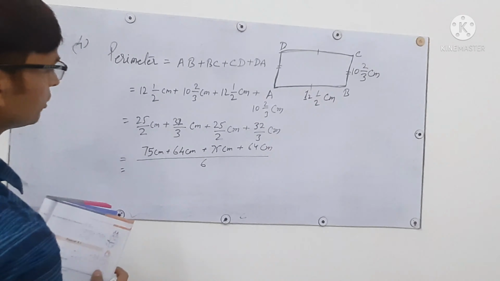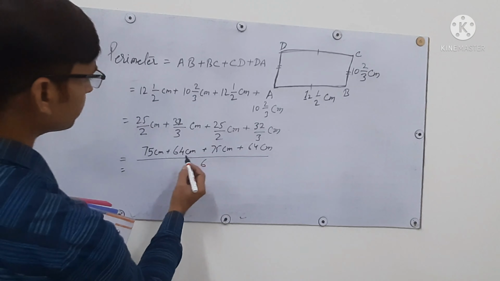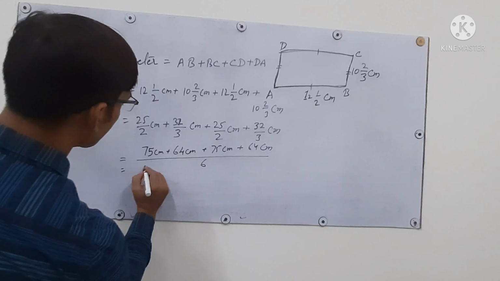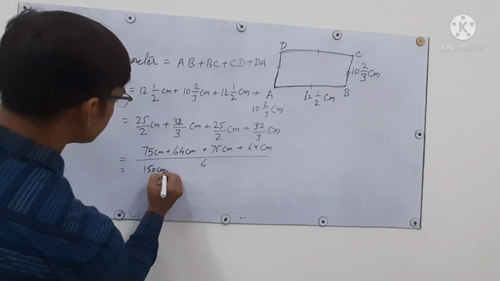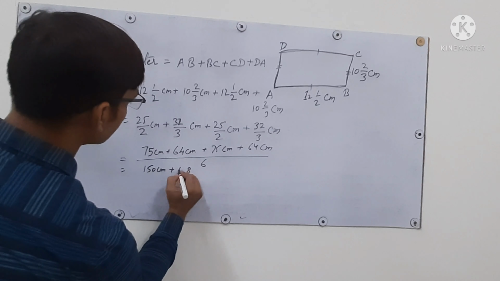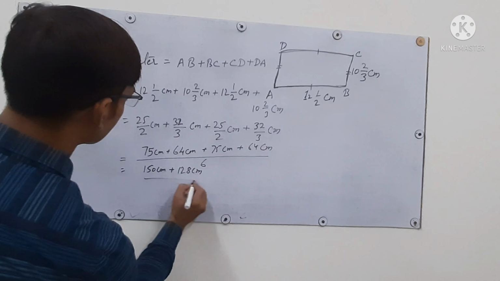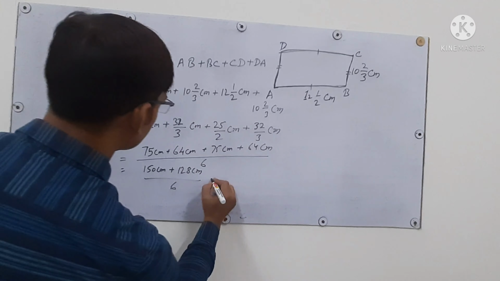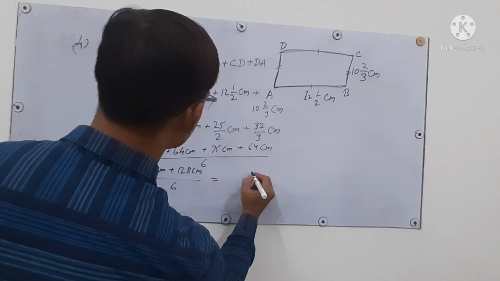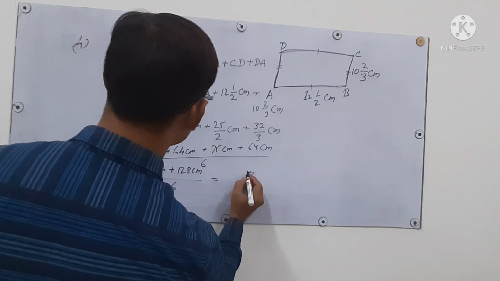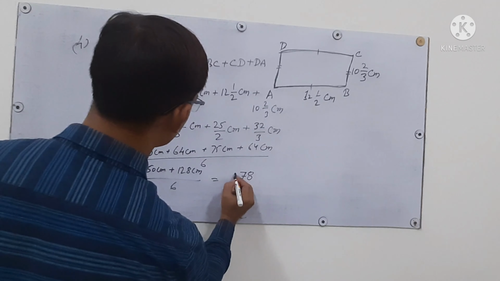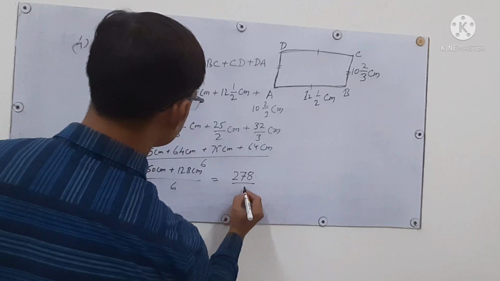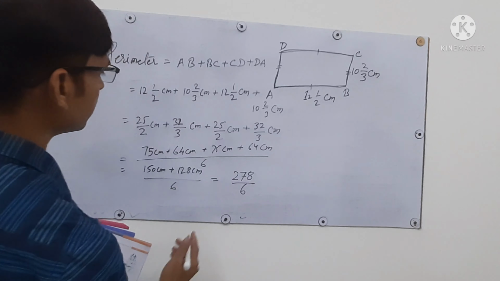What will be its answer? It will be 150 centimeter plus 128 centimeter upon 6. So what will be the correct answer? It will be 8 here, and 7, upon 6.